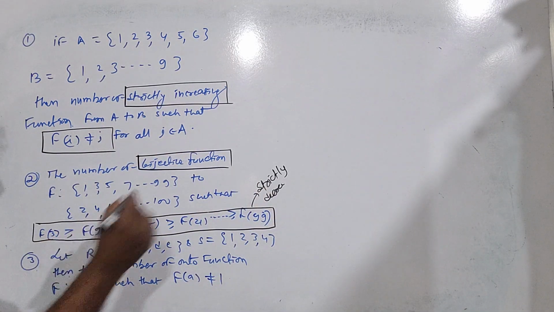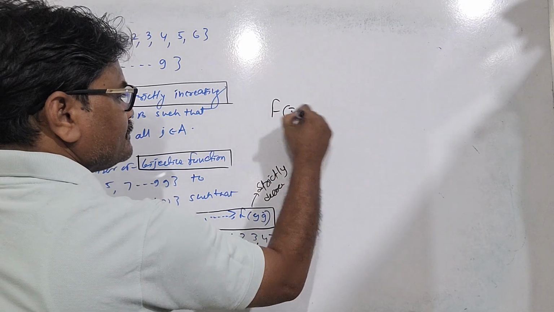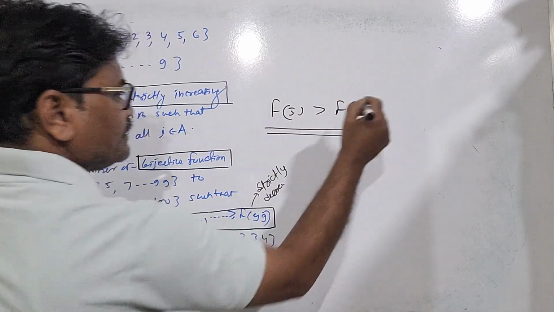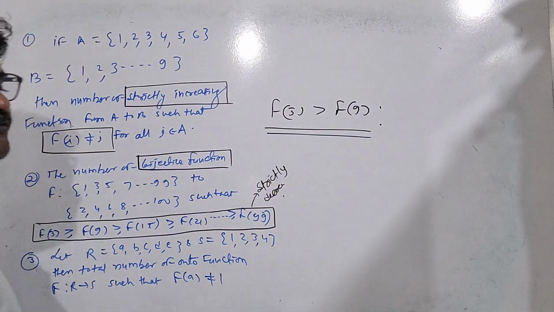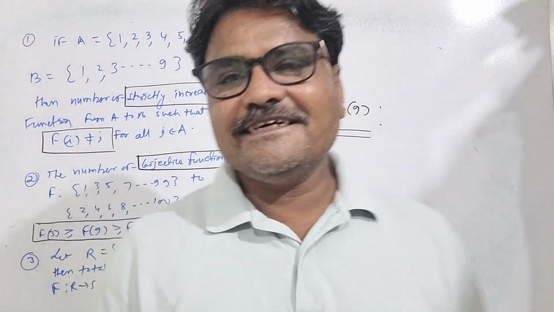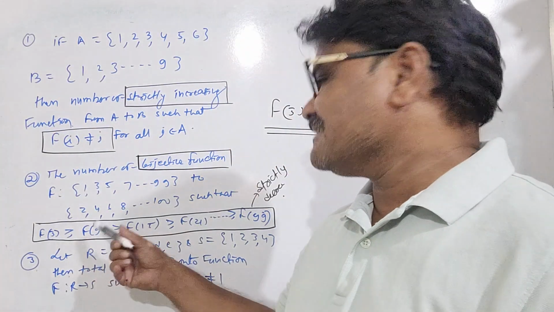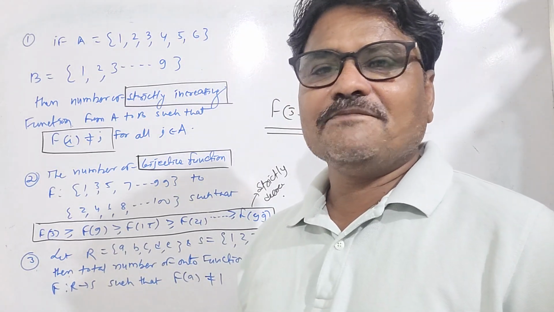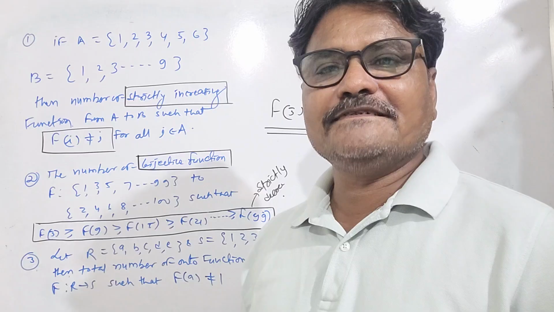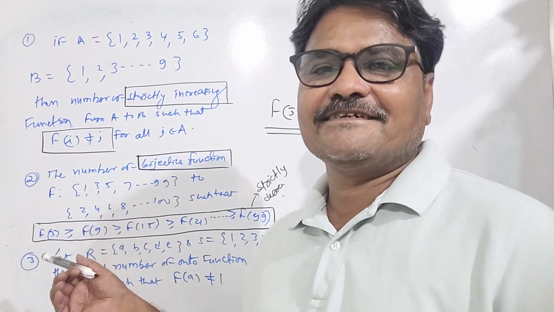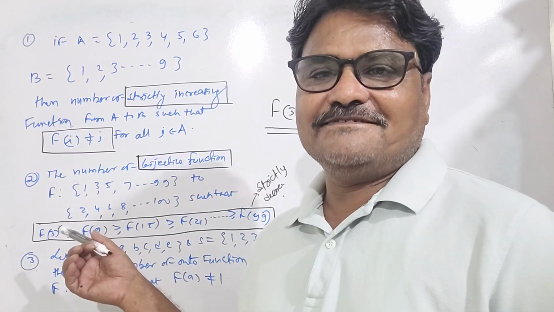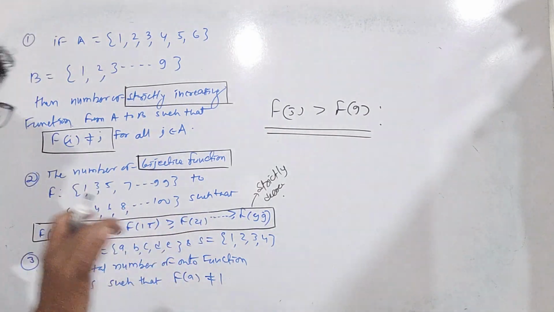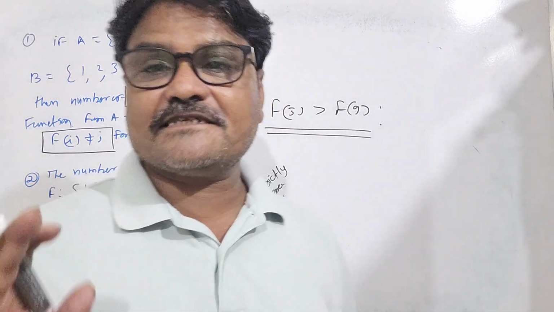So f(3) is greater than f(9) only. This must be the condition for a strictly decreasing function. Why are they writing f(3) greater than or equal to f(9)? f(3) cannot be equal to f(9); it is only greater than f(9). This is psychological and plays a huge role in getting confused while solving such questions.